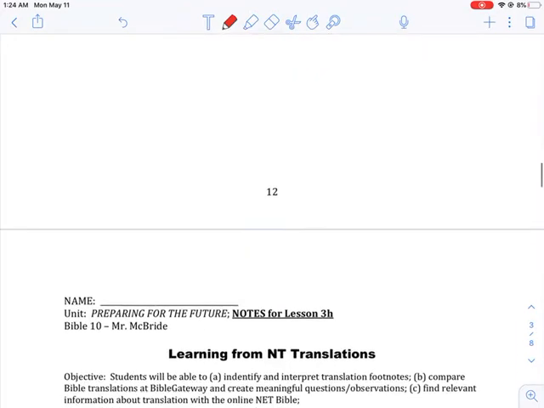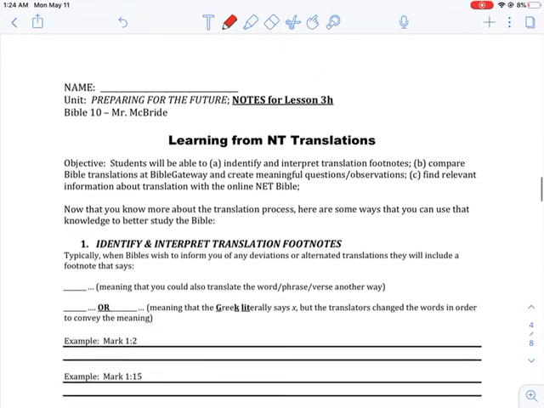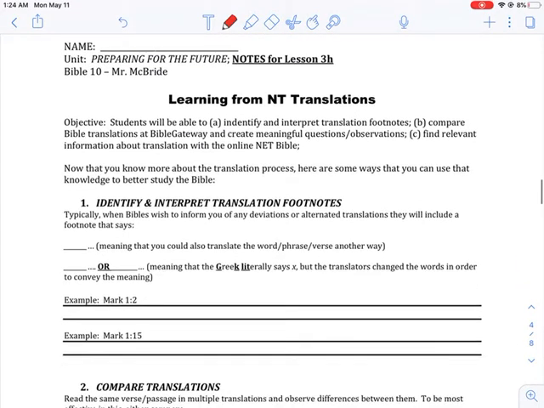So let's now look at how we can actually apply this as we read the Bible. The first thing that we can do is pay attention to footnotes. We can identify and interpret translation footnotes. There are two main types of translation footnotes.